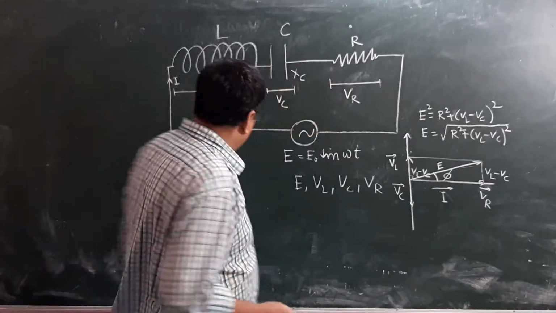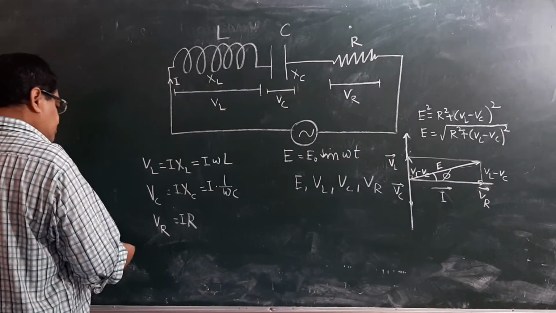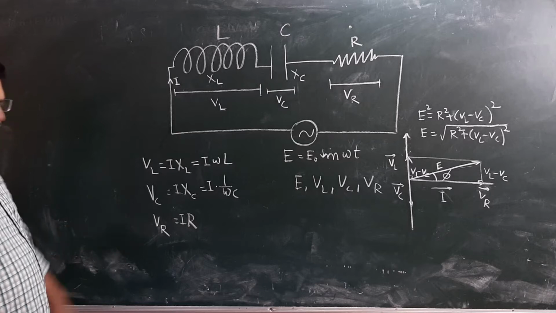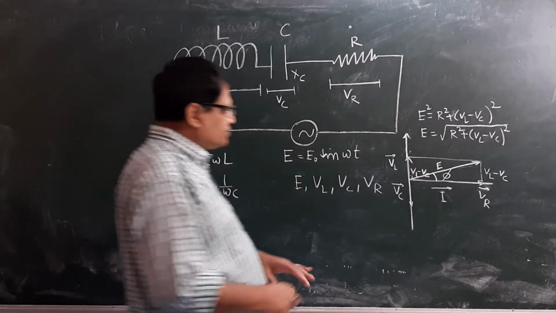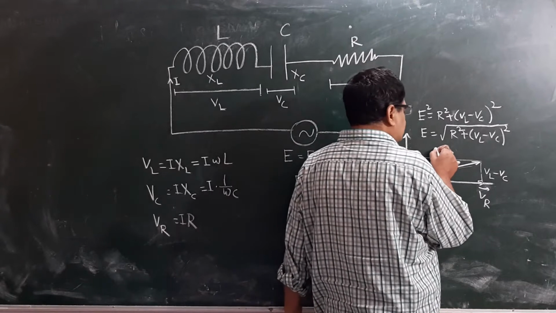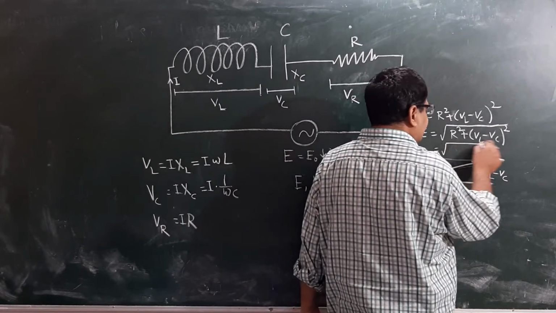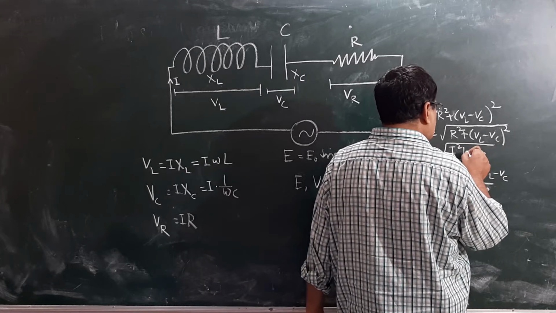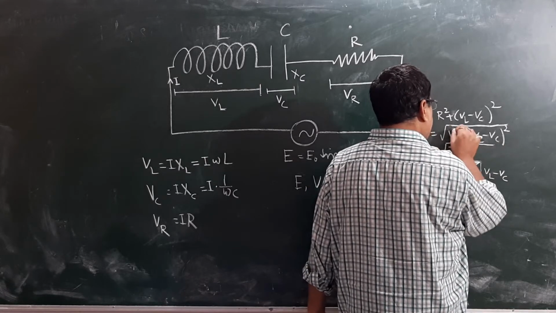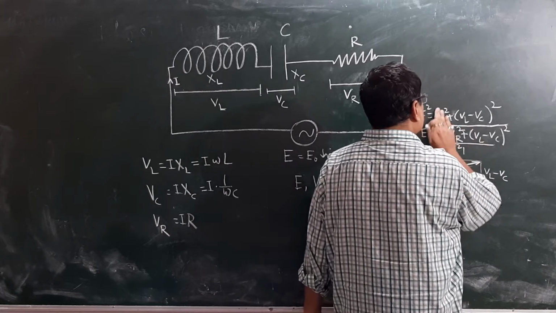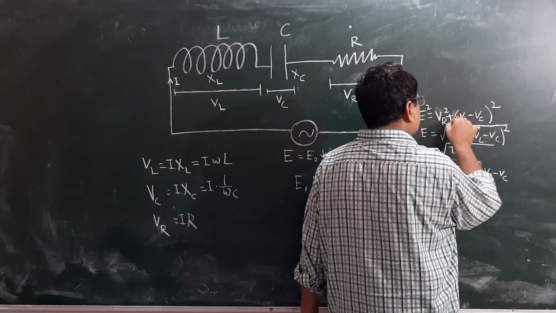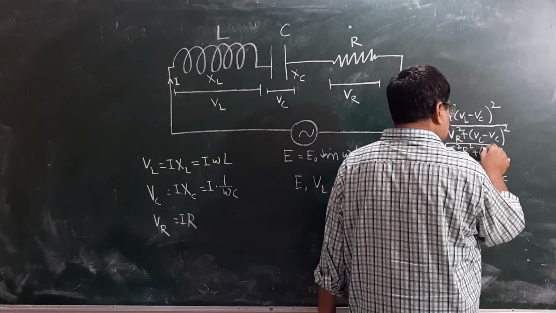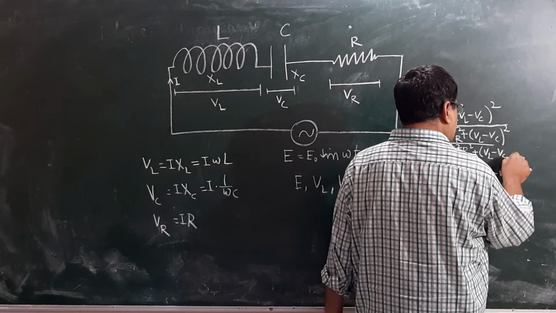Now, coming back to these expressions, we have written what VL, VC and VR are over here. We'll substitute the respective values. This will come out to be square root of I square R square plus VL minus VC.